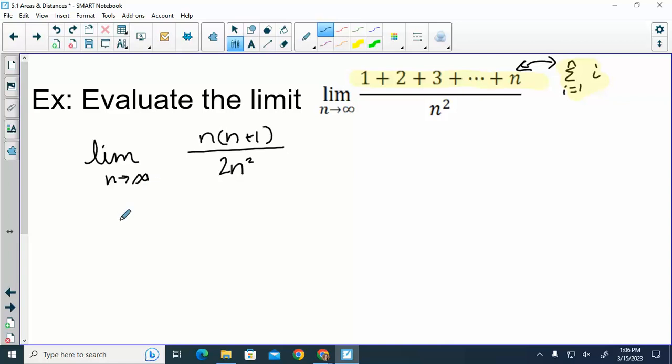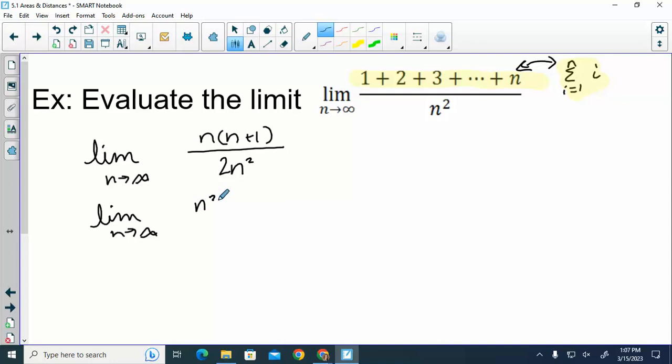So how does this help me? What can I do from here? Okay. We have lots of rules for evaluating things like this. So let's go ahead and distribute on the top.